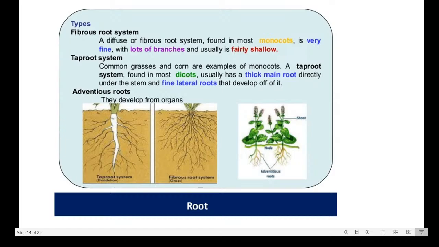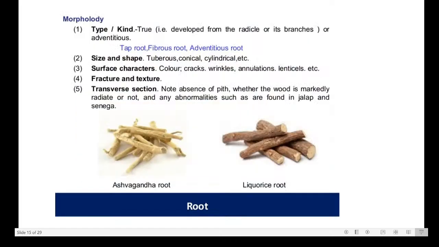If it is a dicot, a taproot system is there, with a thick main root and fine lateral roots. Some adventitious roots are there, but these are produced during additional plant development. Based on the root morphology, we are identifying some plants.